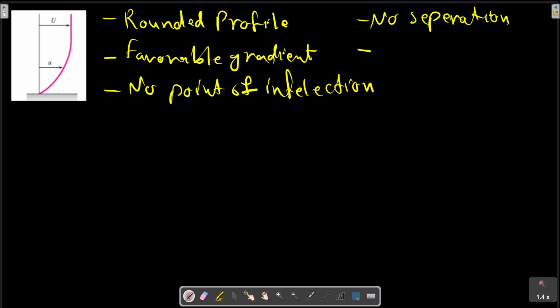It is a laminar profile of this type. Mathematically, we can write du/dx.